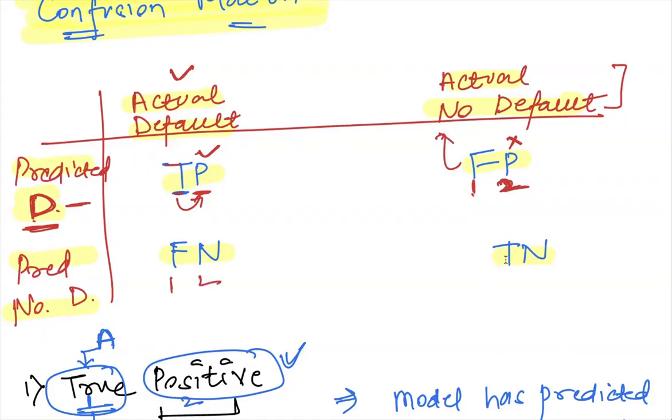False negative: the model is predicting negative, which means no default, but false means in actual there was a default. Similarly, true negative: the model is predicting no default, and true means in actual there was also no default. Is this clear?